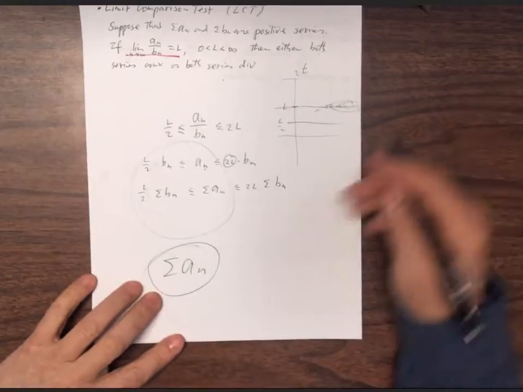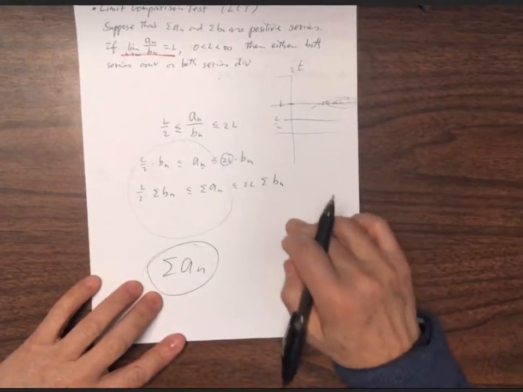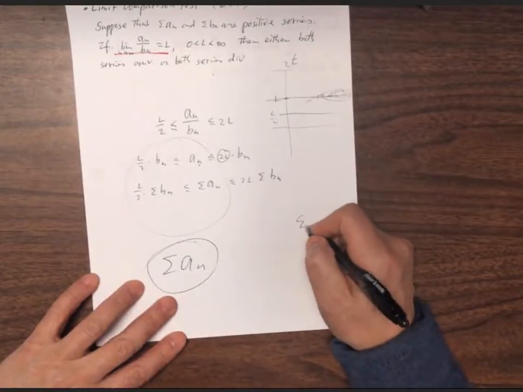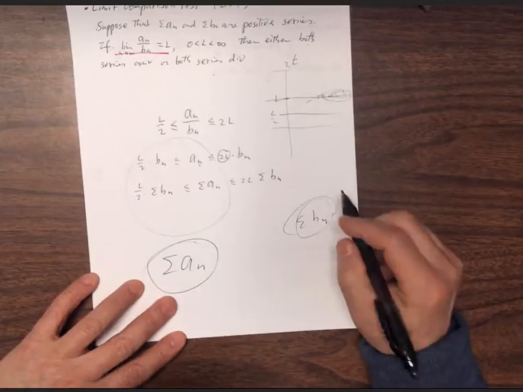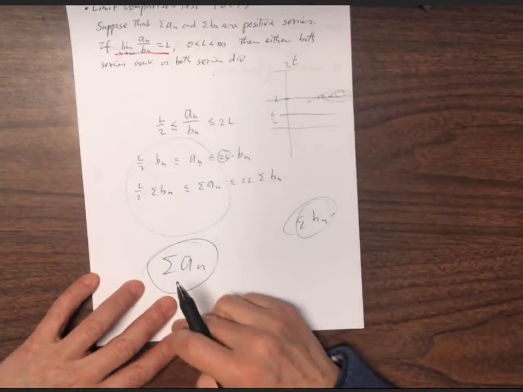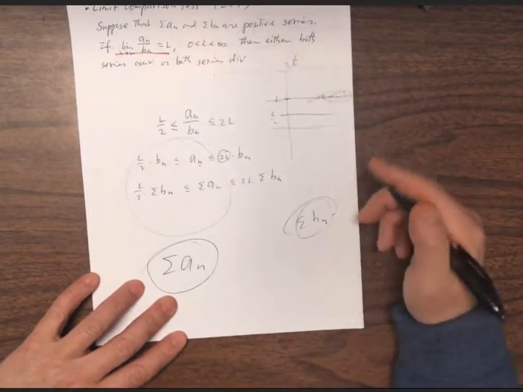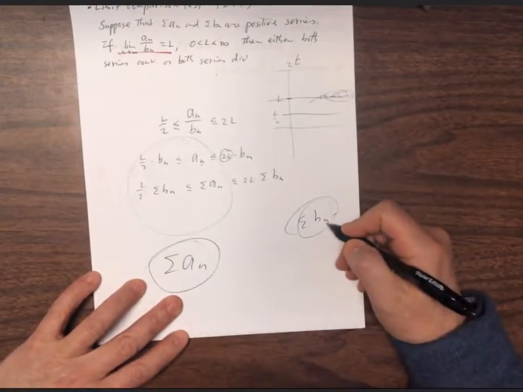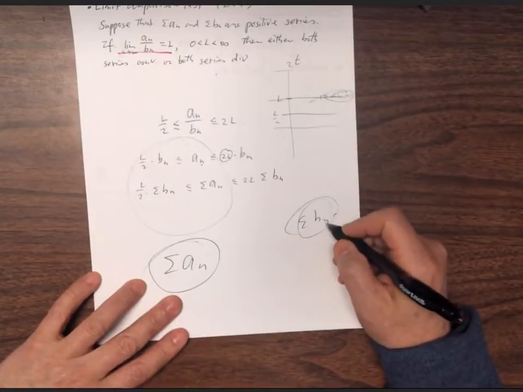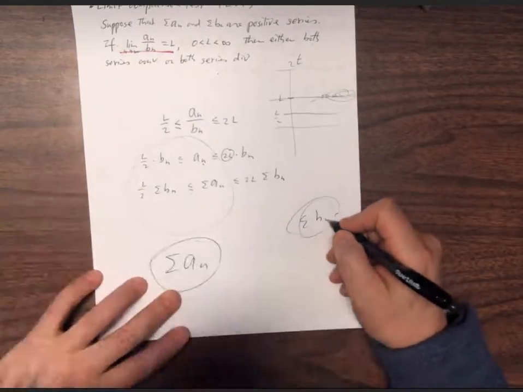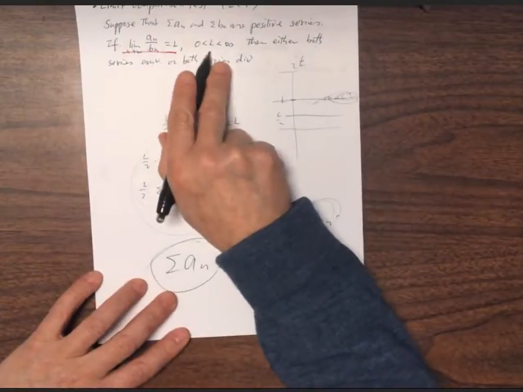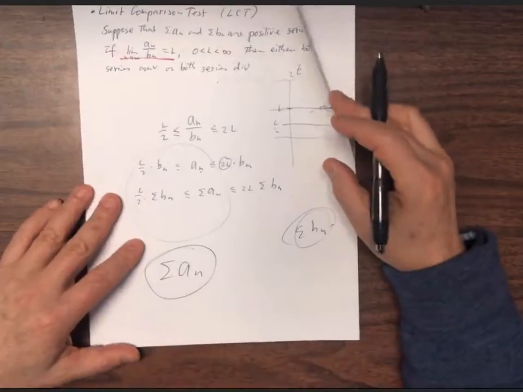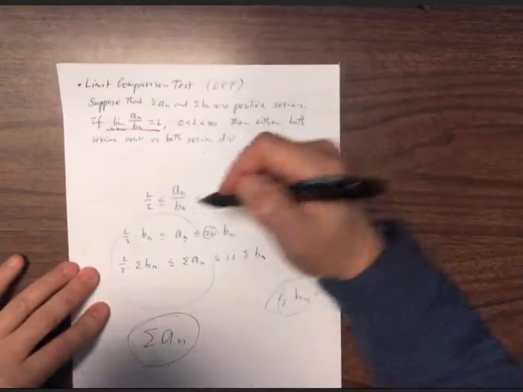If we find a bn, of course we have to know whether it converges or diverges. Form the ratio. Suppose sigma bn is convergent and the limit is a finite positive number; then we can say sigma an will converge. If sigma bn is divergent and the limit is true, then we can say this is going to diverge too.